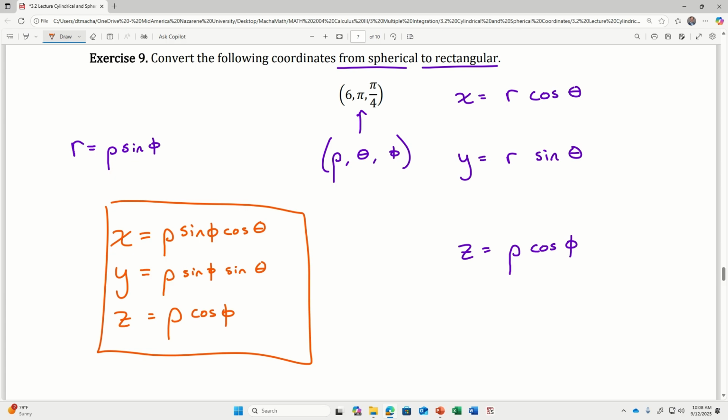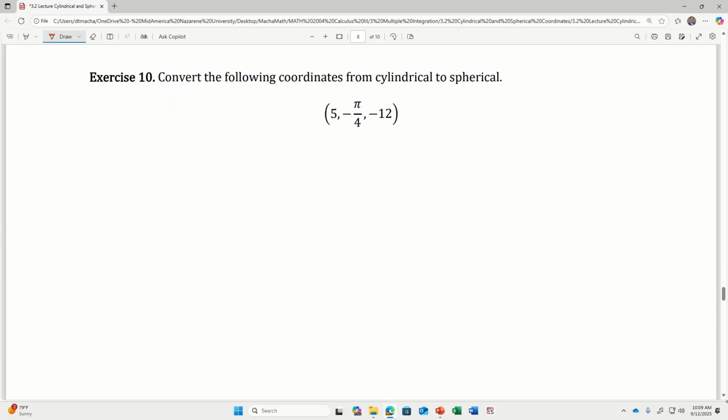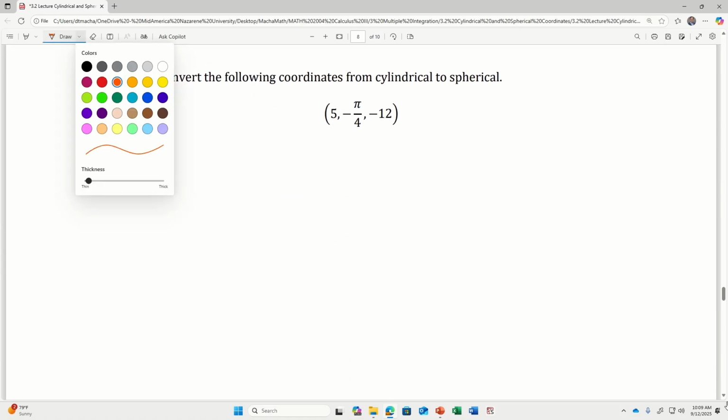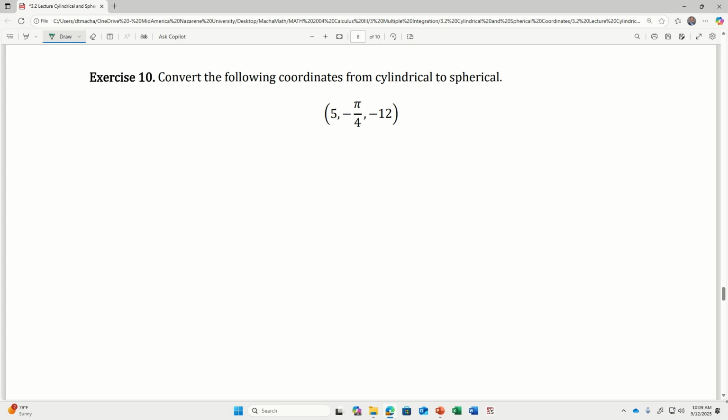But these formulas are basically the same thing. x equals r cosine of theta because r is rho sine of phi. So it's up to you, right? Pick your poison, whatever is easiest for you to memorize or recreate for yourself on a test. I don't care how you do it, as long as you can do these problems on a test.